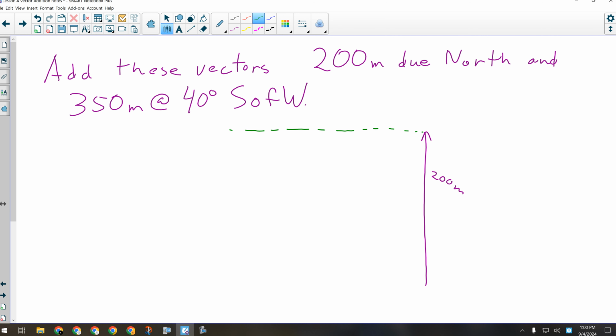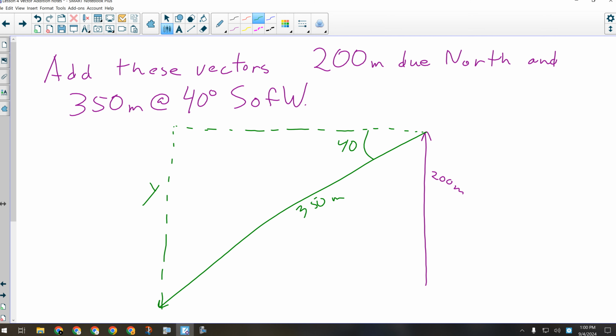So there's my reference line west. 40 degrees isn't quite halfway down. That one would be 350 meters. That angle there would be 40 degrees.